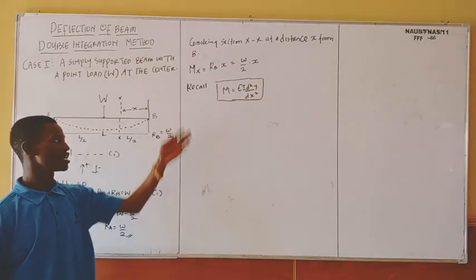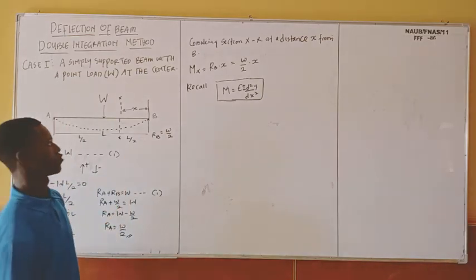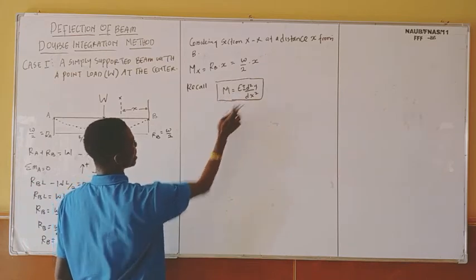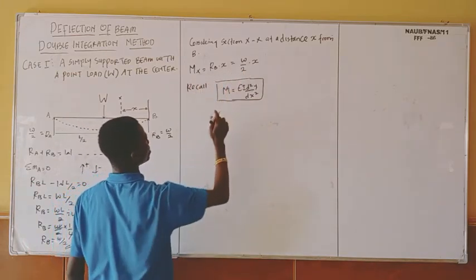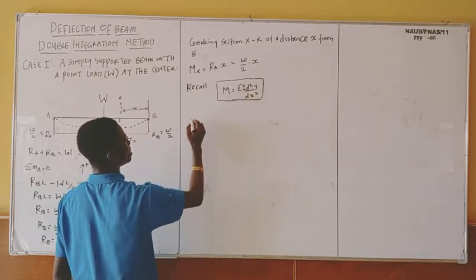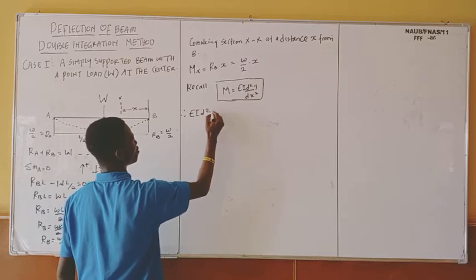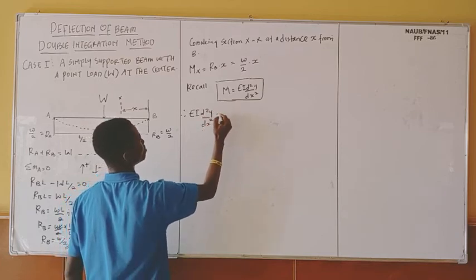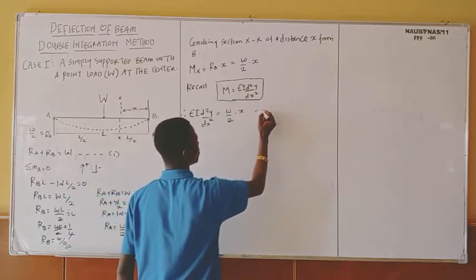This one has already been established in the relationship between slope, deflection, and radius of curvature. Since moment equals EI d square y over dx square and moment equals W over 2 x, definitely this one is equal to this one. And I'm going to have EI d square y over dx square equals W over 2 x. Let me call this one my equation 2.